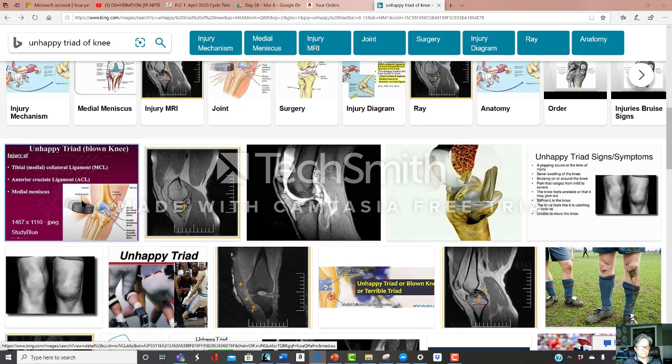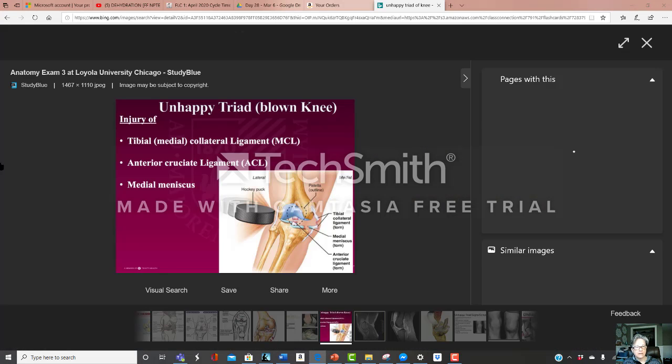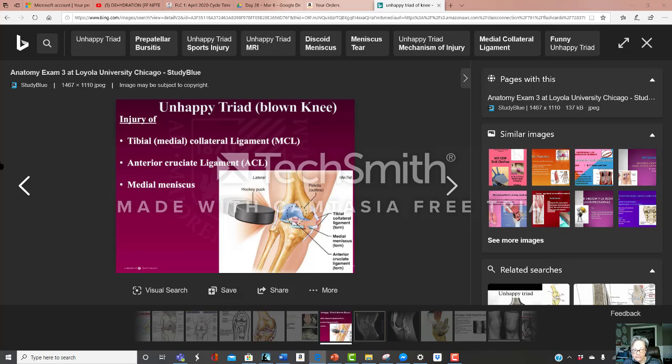Let's do this one. I like this one. So we've got knee flexion, knee valgus, and external rotation forces of the knee.